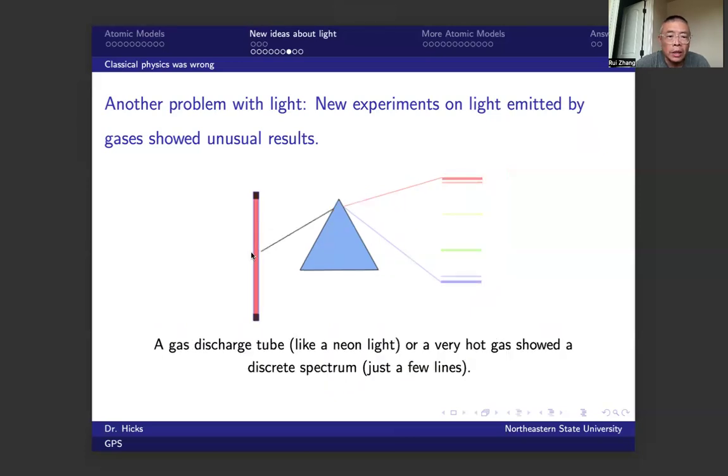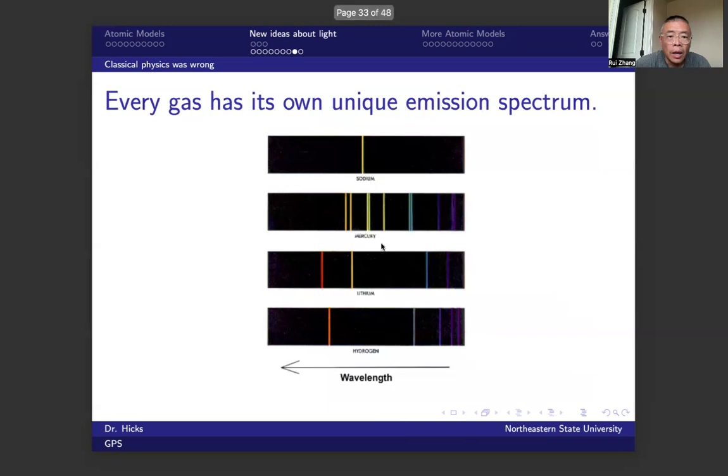But it turns out that if you shine light from some special gas discharge tube, such as a neon light, then you don't see the whole spectrum, but only certain specific wavelengths coming out of it. This cannot be understood by classical theory. This is the emission spectrum of certain specific elements.